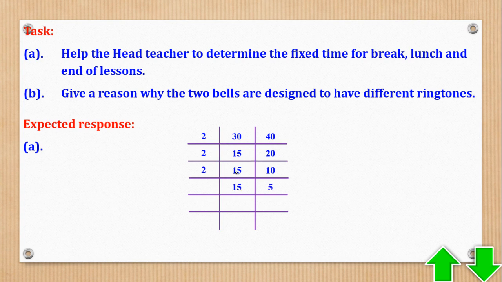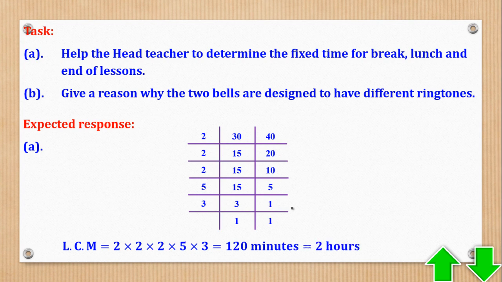Again, divide by 2, this remains 15, this becomes 5. Divide by 5, this becomes 3, this becomes 1. Divide by 3, we get 1, 1. Therefore, the LCM will be 120 minutes, which is the same as 2 hours.